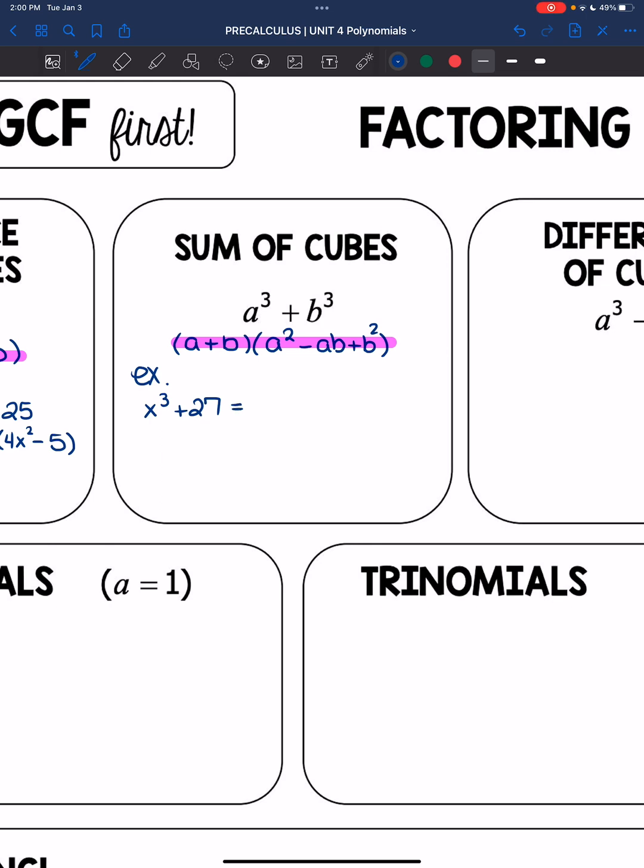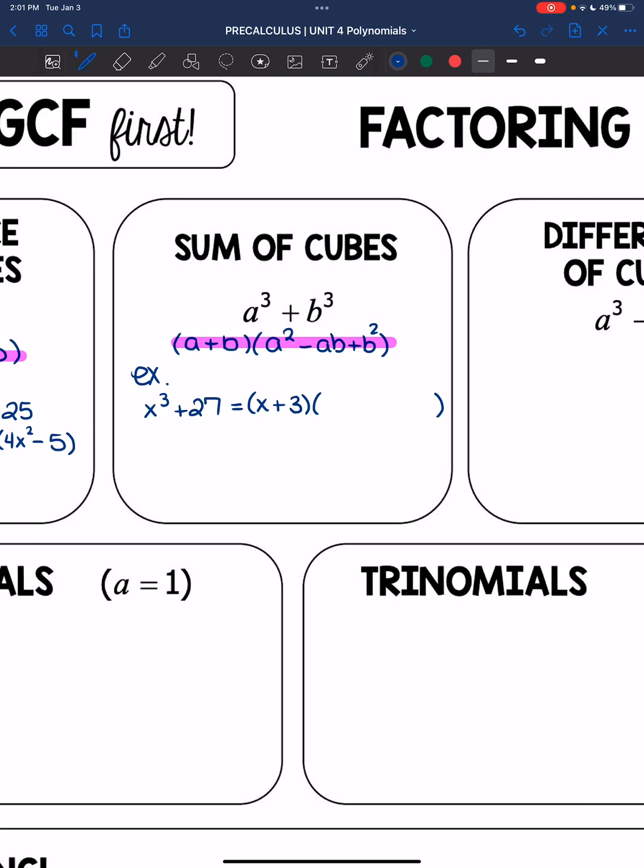I'm going to work to the side here so I have enough room. Here we go. Here's the setup. What is the cube root of x cubed? That is just x. And then what is the cube root of 27? What number cubed is 27?